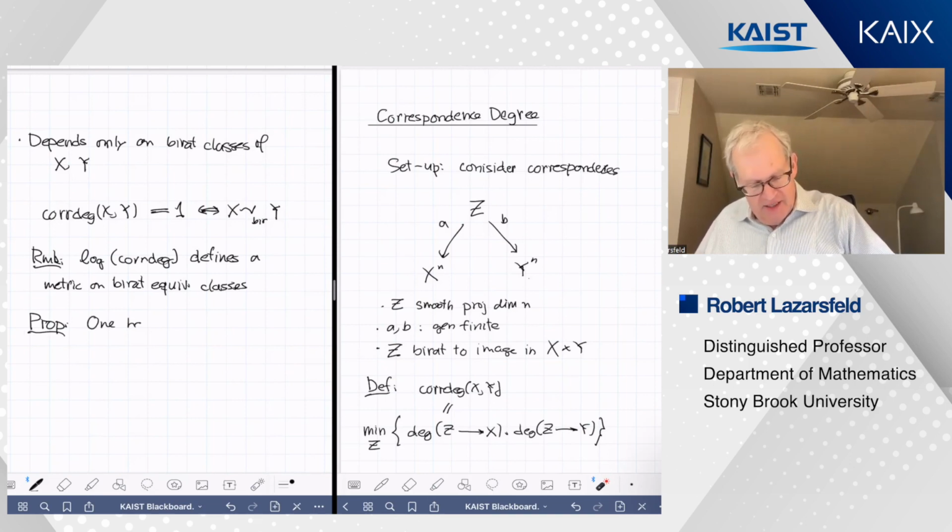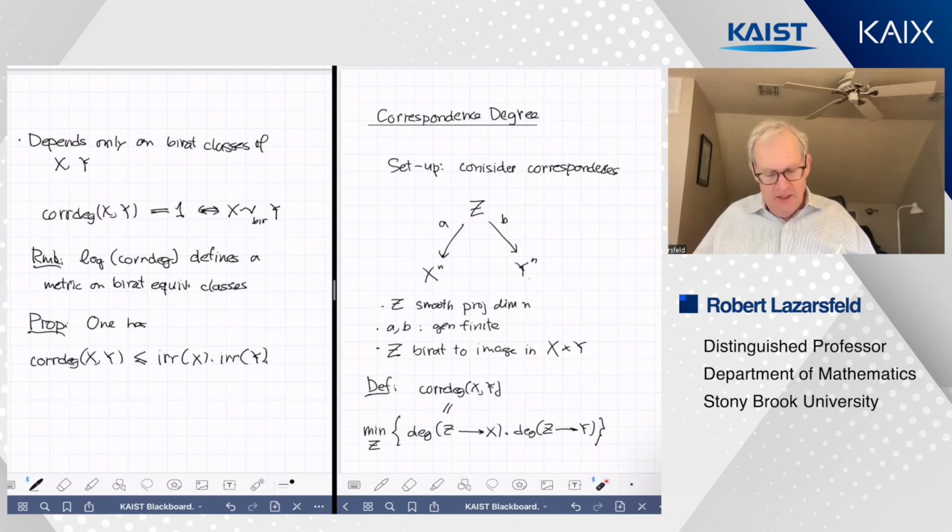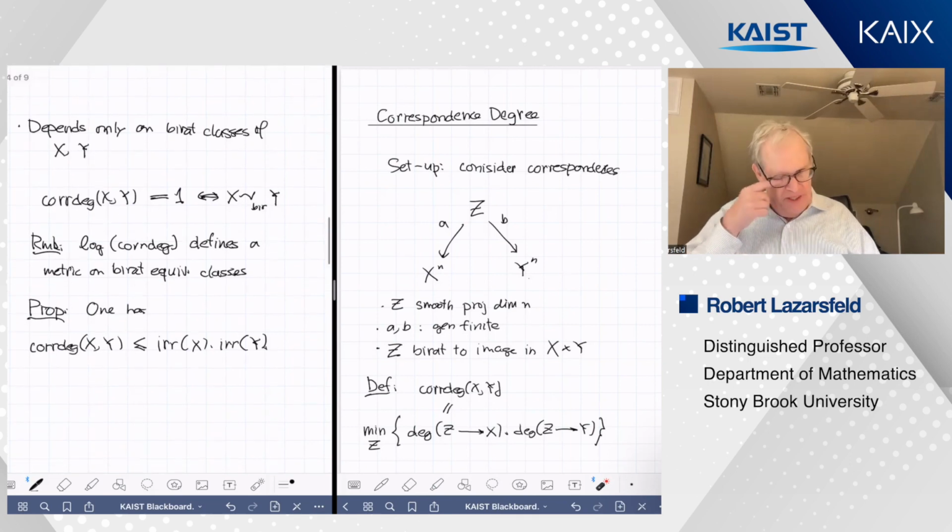One has that the correspondence degree between two varieties is at most the product of their degrees of irrationality. So the degree of irrationality of X times the degree of irrationality of Y. So it's not arbitrary. If X and Y have relatively small degrees of irrationality, then the correspondence degree between them is also going to be fairly small.